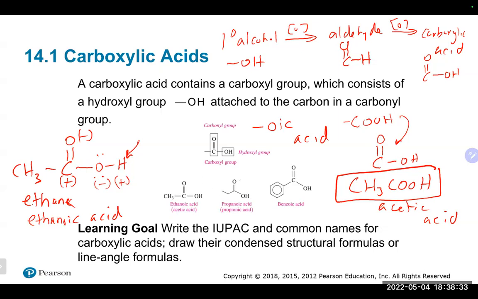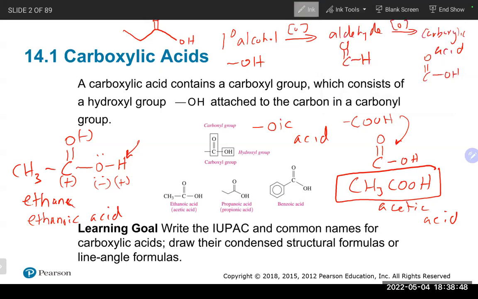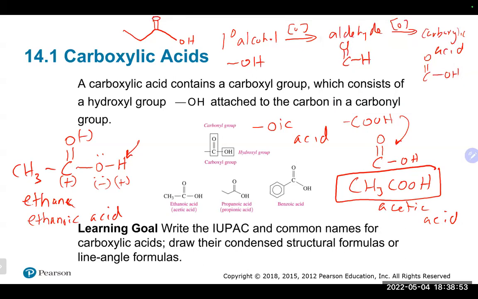This is a line structure of a carboxylic acid, which looks like this with our double bond O. And this guy here has, if we count up our carbons like they did there on the bottom, 1 carbon, 2 carbons, and 3 carbons.